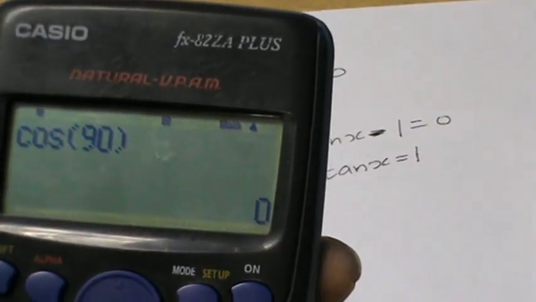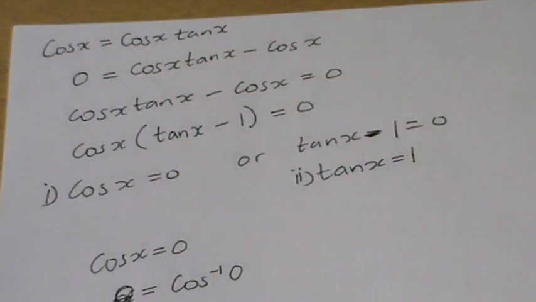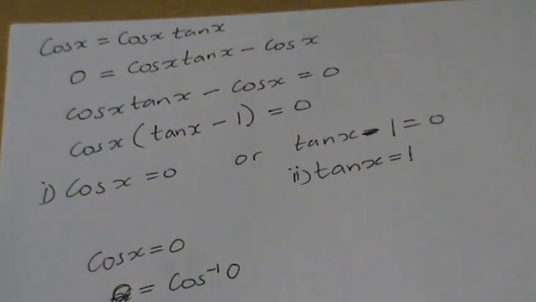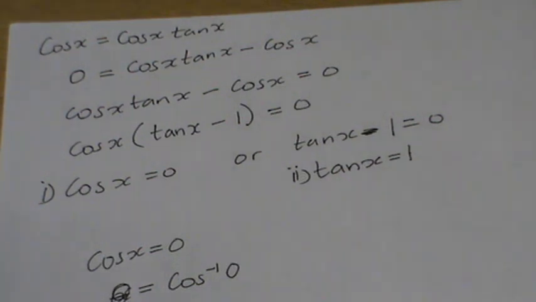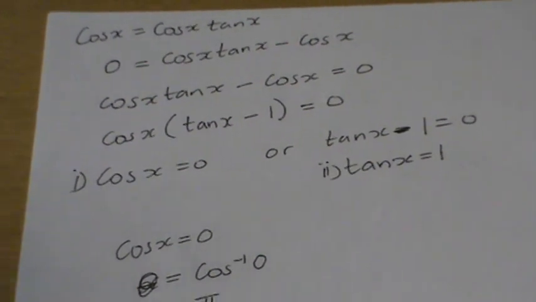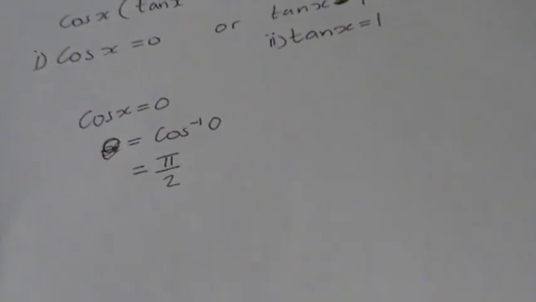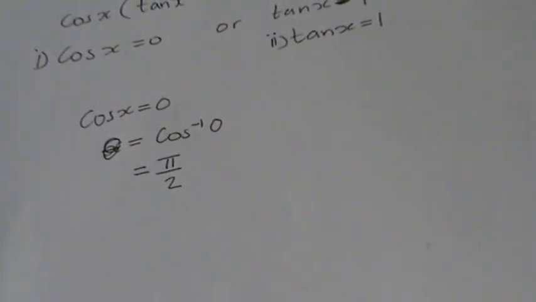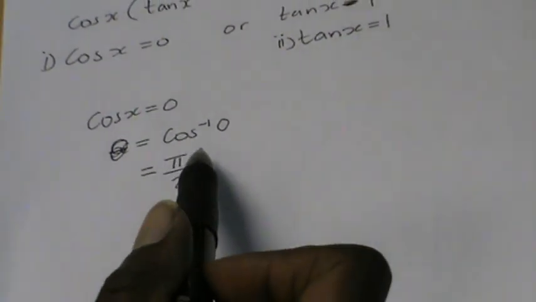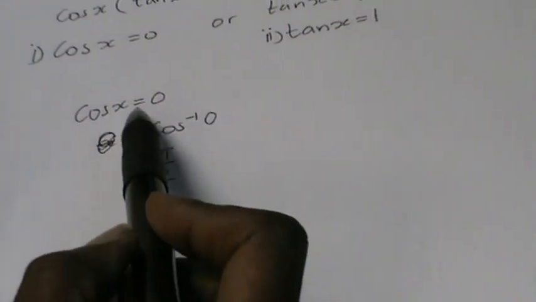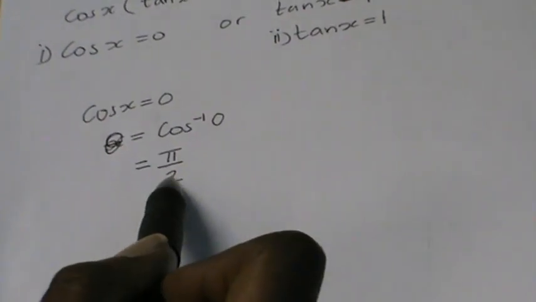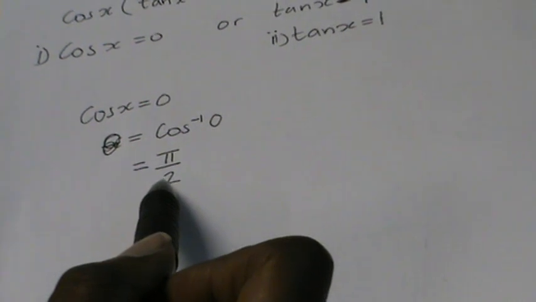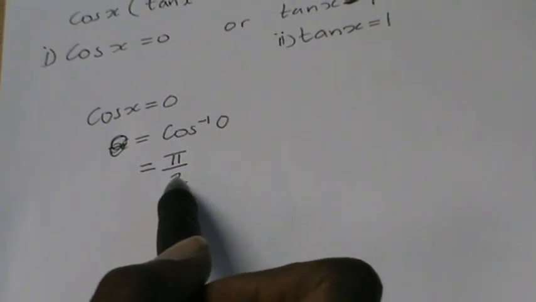And there is another angle whose cos is equal to 0. So there are two angles whose cos is 0. There is pi over 2, and then there is also 270.